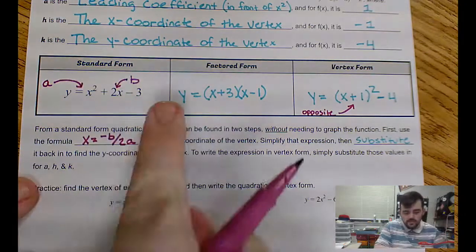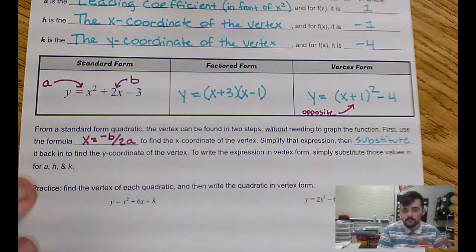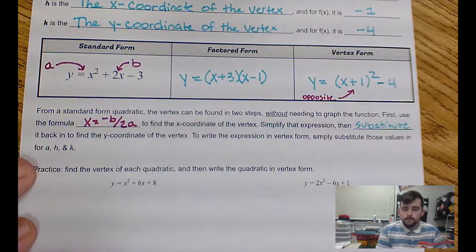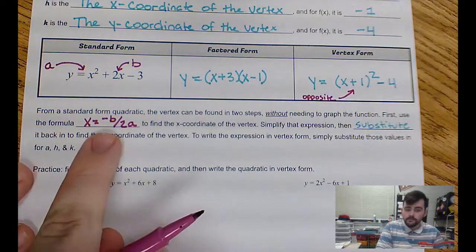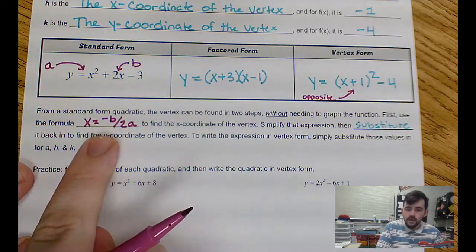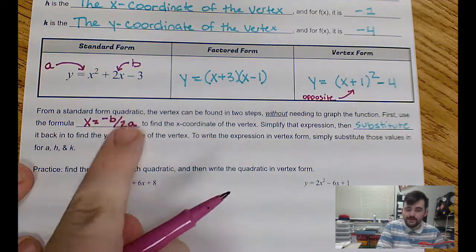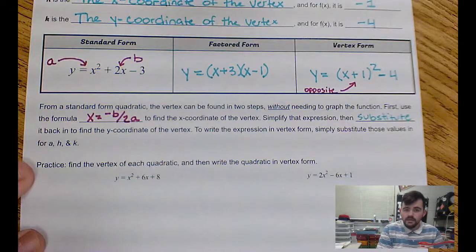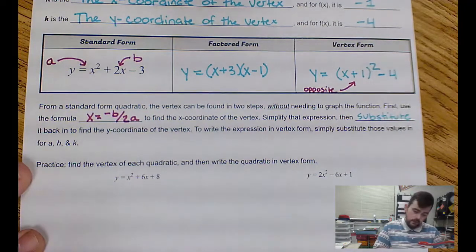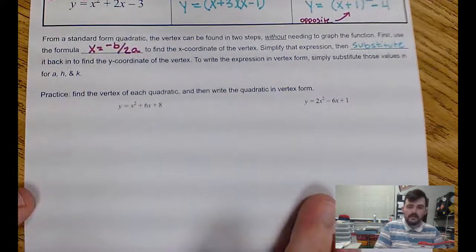And we don't need it here, but c is just this number. So we can find the x-coordinate by using this formula, find the y-coordinate by plugging whatever we get from this ugly fraction back in, and then we can write it in vertex form by just putting the numbers in where they go. Okay? So let's practice that.